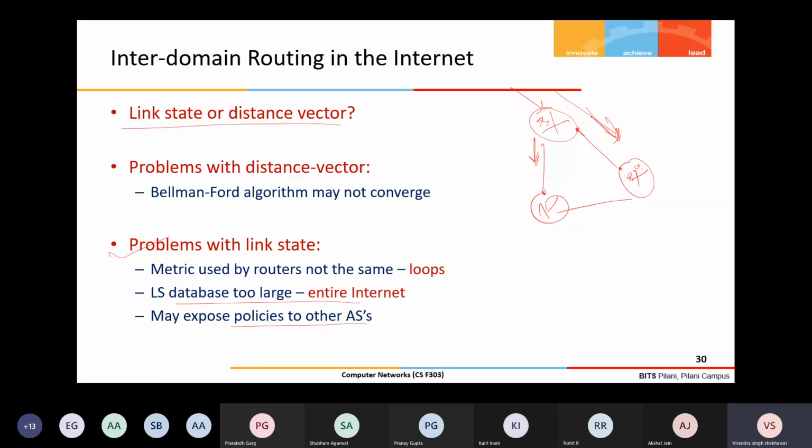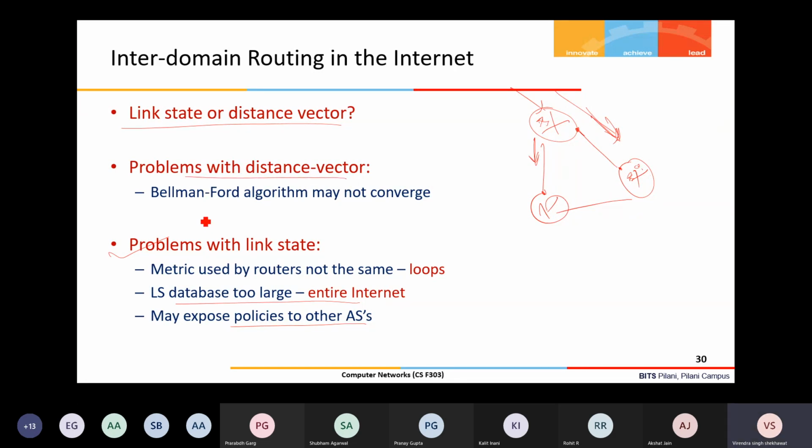These autonomous systems are basically competitors, so no autonomous system wants to reveal its internal link weights and how it is assigning them. That's another problem. And without a consistent link cost metric, you cannot run link state routing, right? Because it is a centralized algorithm.